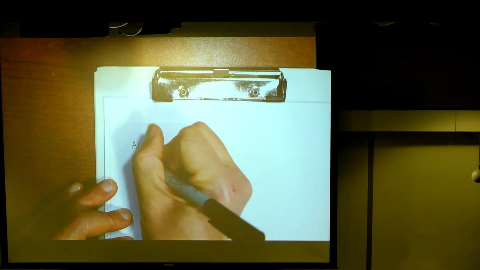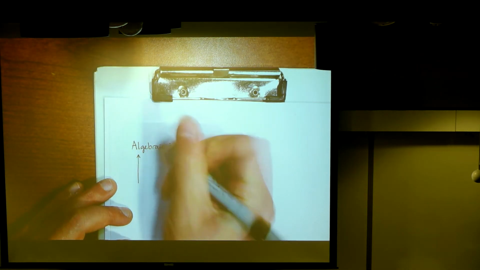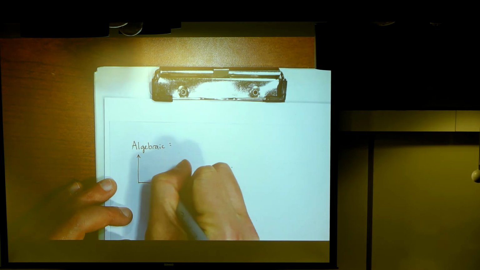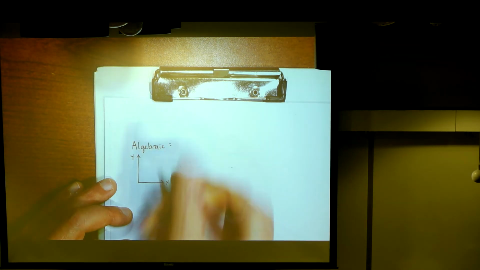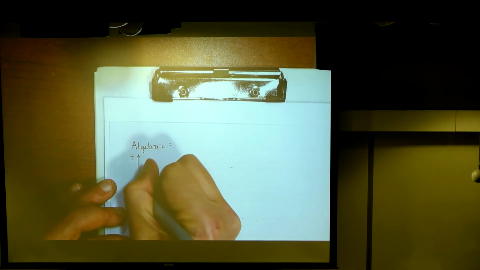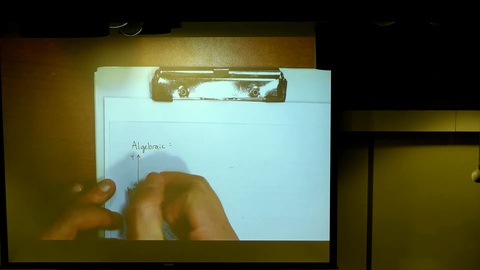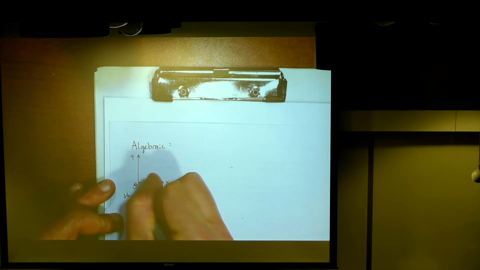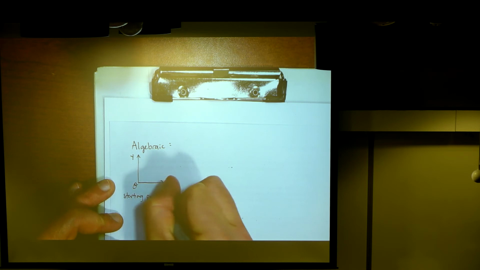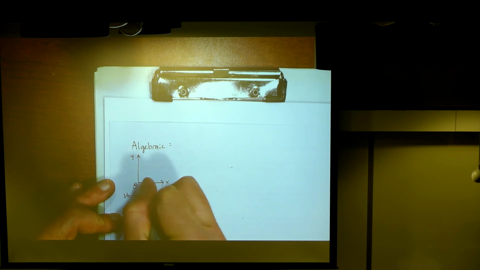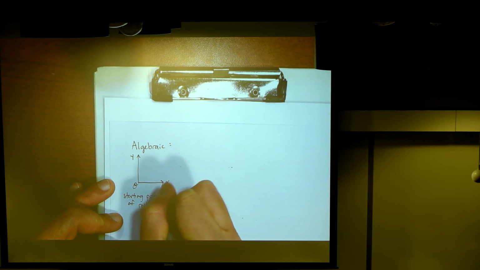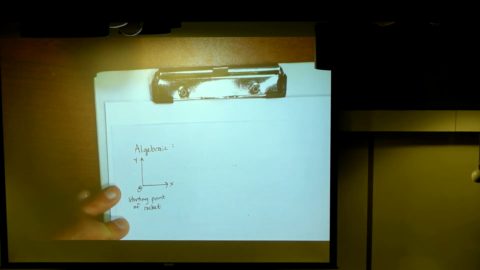So let's just draw real quick what's going on. I'm going to set up a coordinate system where this is x, this is y. And let's put the origin of our coordinate system as the starting position of the rocket. Okay?